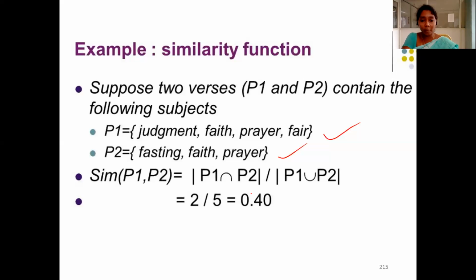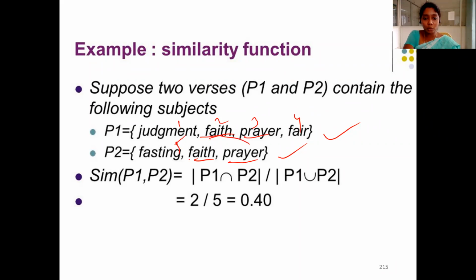How many common elements are there between P1 and P2? 2, ma'am. So 2 common elements are there between P1 and P2. And how many total elements are there? What is P1 union P2? 7, ma'am. Out of 7, 2 are repeated, right? Faith is already here, prayer is already here. So how many total elements are there? Judgment, faith, prayer, fair, and this one, 5.